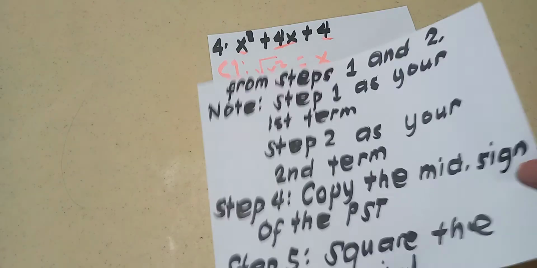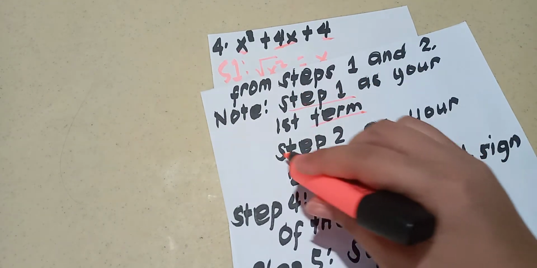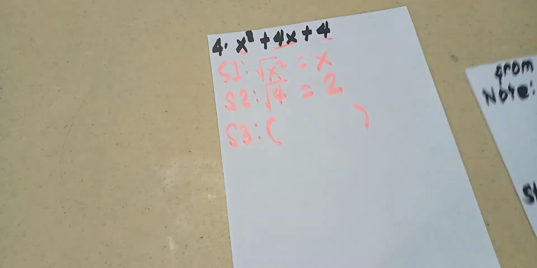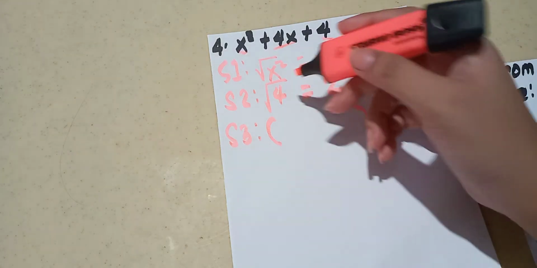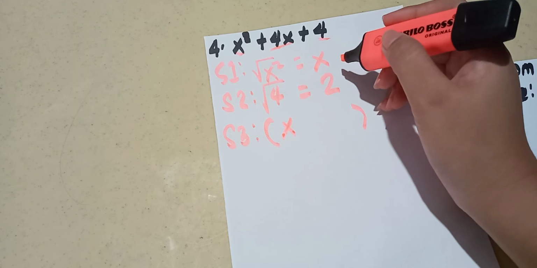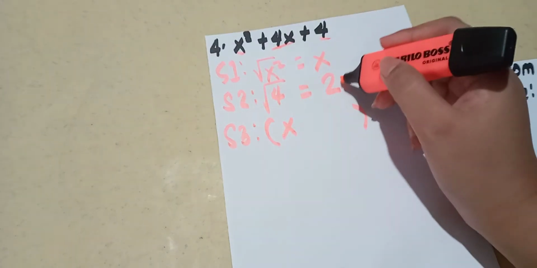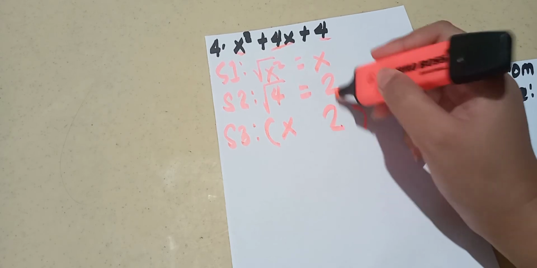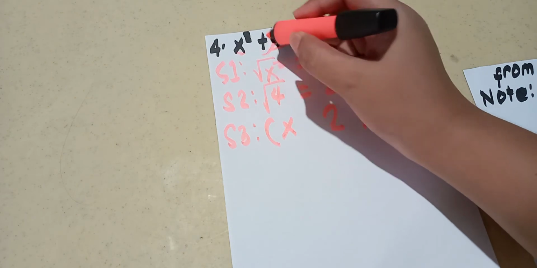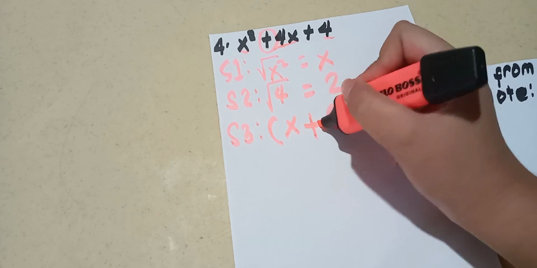Take note, the answer from step 1 is your first term and the answer from step 2 is your second term. The answer for step 1 is x, so we write it as our first term in the binomial. The answer for step 2 is 2, so we have it here. Then let's copy the sign at the middle. The sign at the middle is positive, so we copy positive right here.